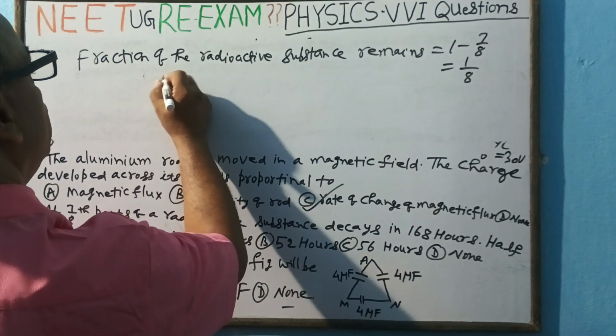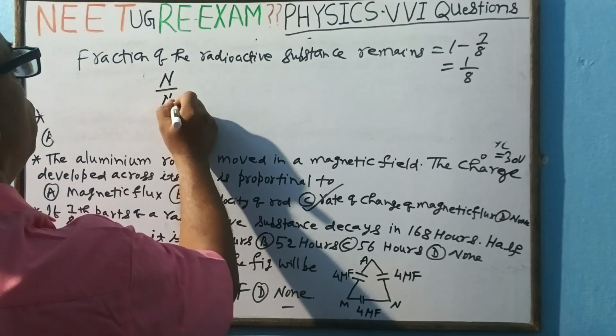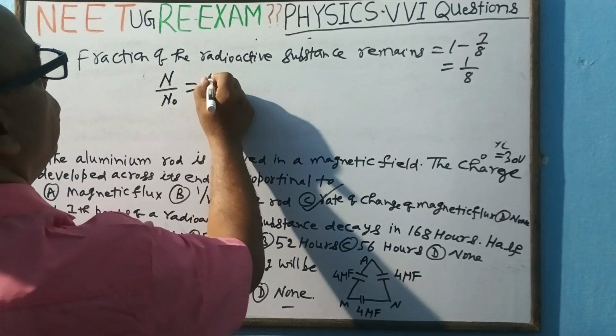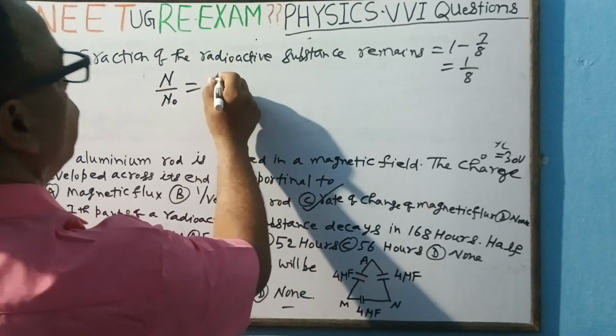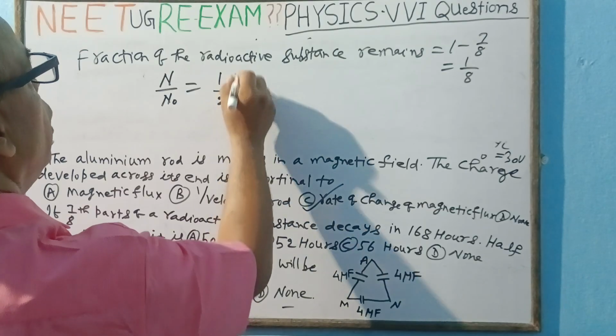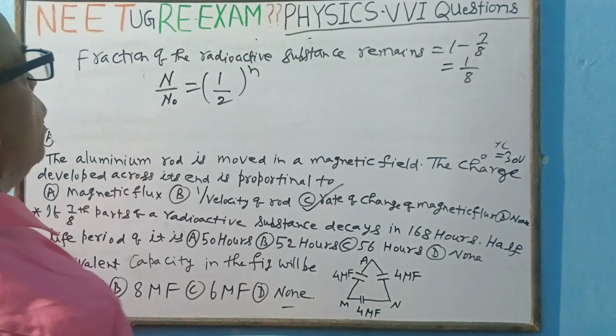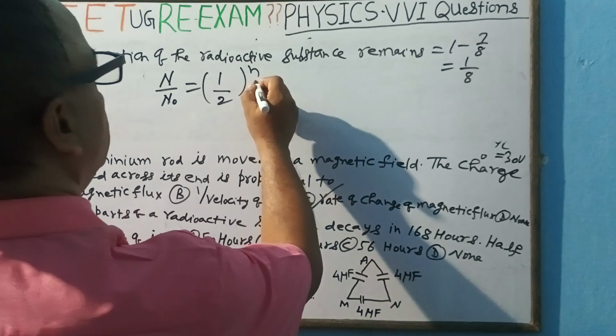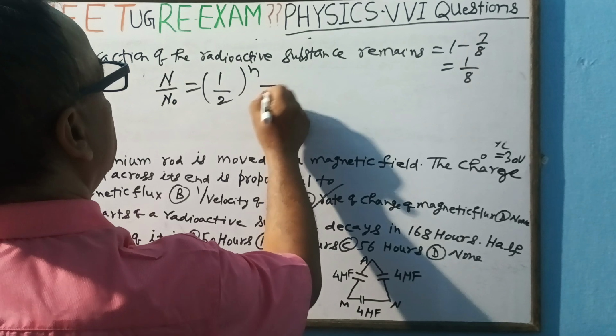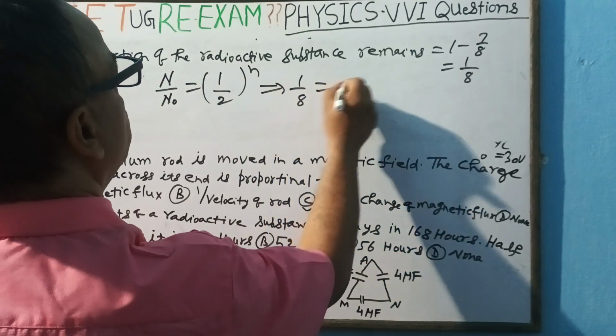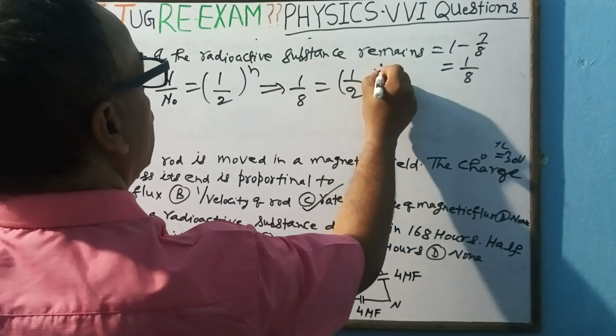We have to write N by N0 equal to 1 by 2 upon n. And we have to get 1 by 8 equal to 1 by 2 upon n.